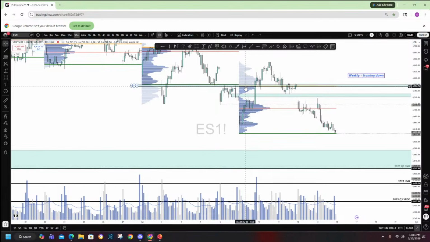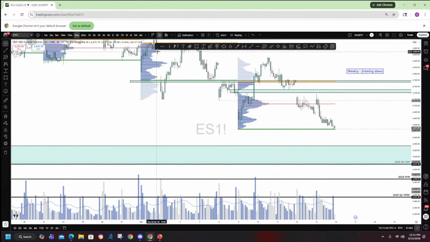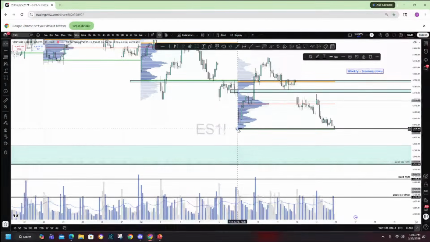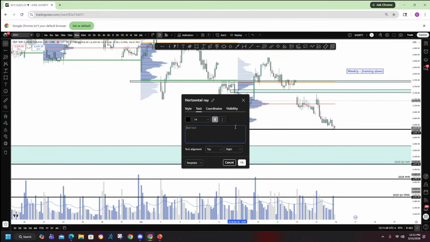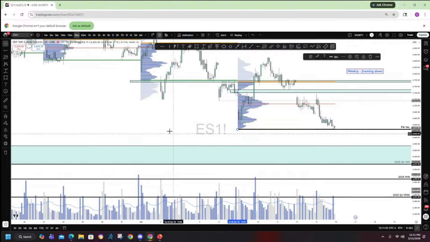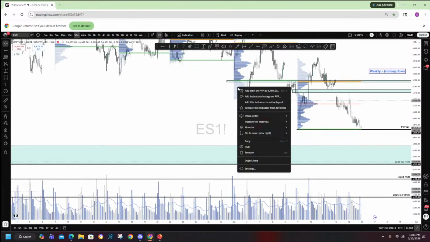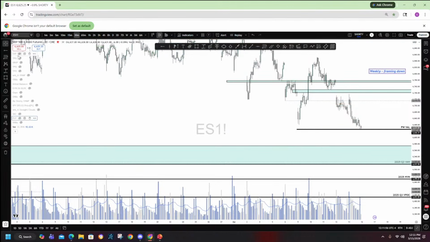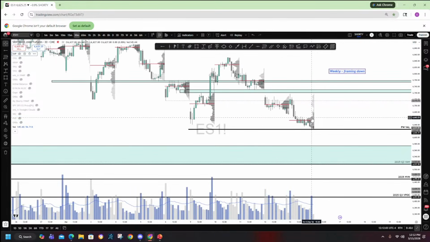I would mark this value area high, value area low. I'll keep an eye on it and see how we trade compared to this. So this is our prior week value area low. And we mark this level, and then we will switch this to an SVP, which is our daily profile, on 30 minutes right now. Switch this guy to the right.